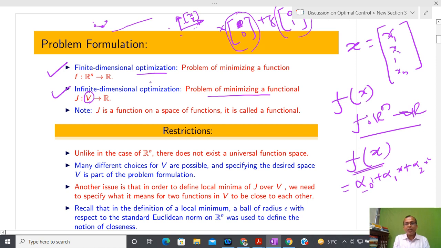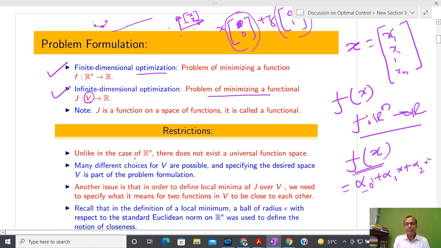So now we just have to worry about a different setting. In place of Rn, now I have some kind of vector space, and an element of this vector space is now a function.